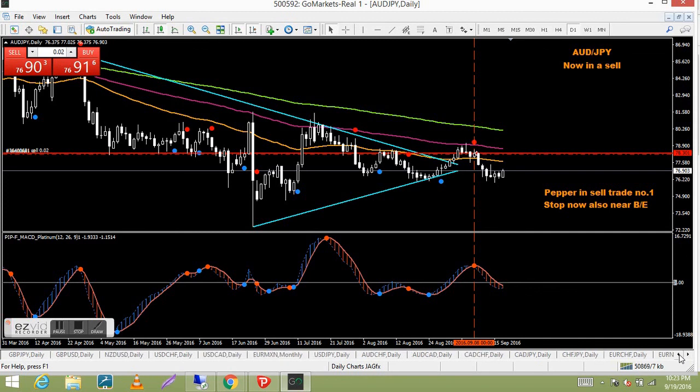I'm pretty glad that last week when I was in Australia, the whole week was fairly quiet trading wise. I did miss a couple of trades, and I declined to take a couple of trades also because they're too close to the zero level in the MACD Platinum.